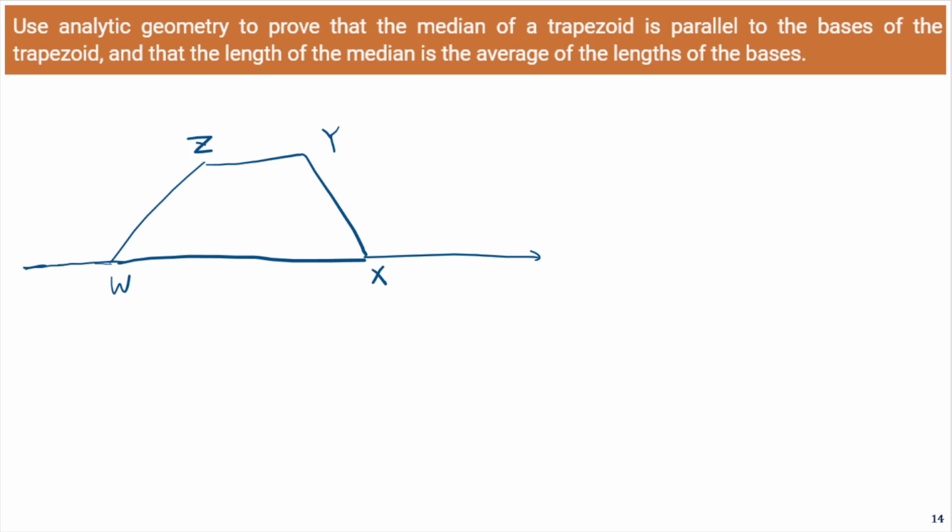We use W as our origin point. So W has coordinates (0, 0). X has coordinates (a, 0). And suppose Y has coordinates (b, d), and Z has coordinates (c, d).